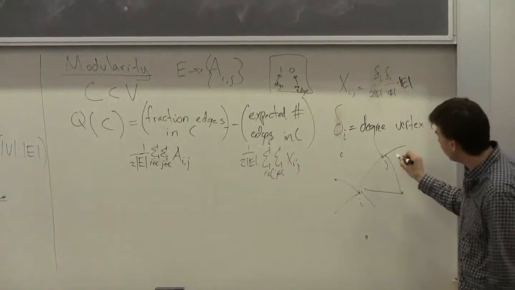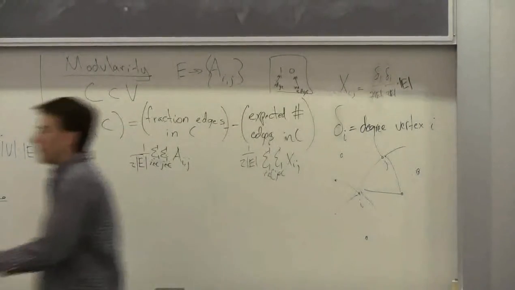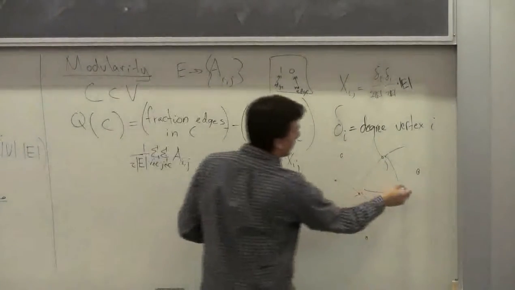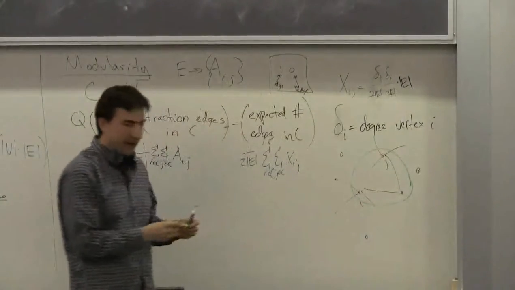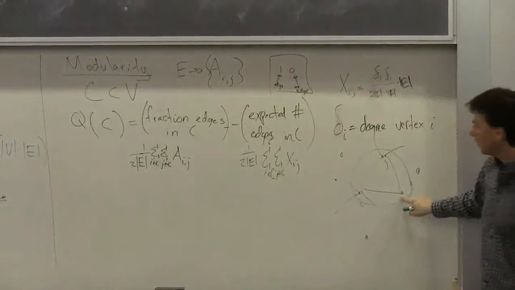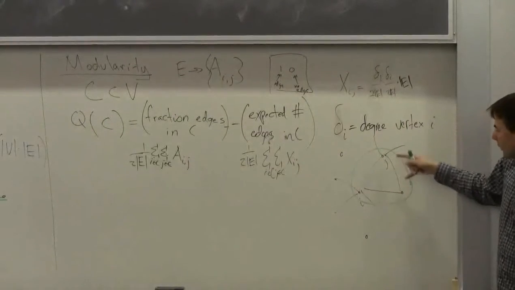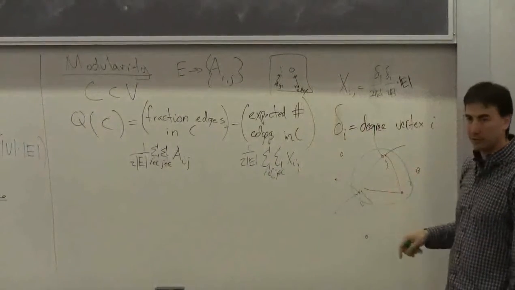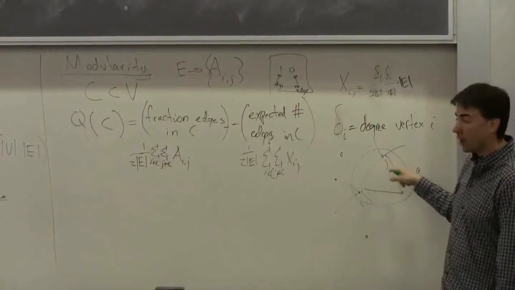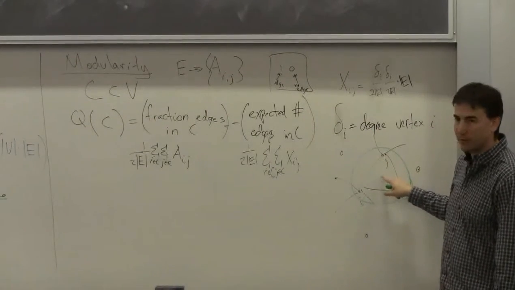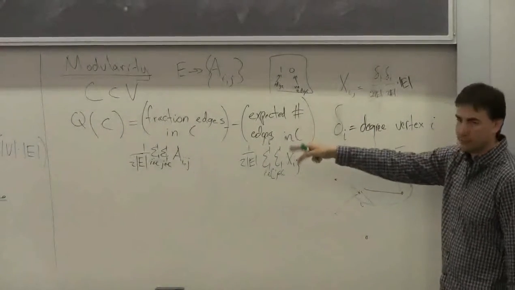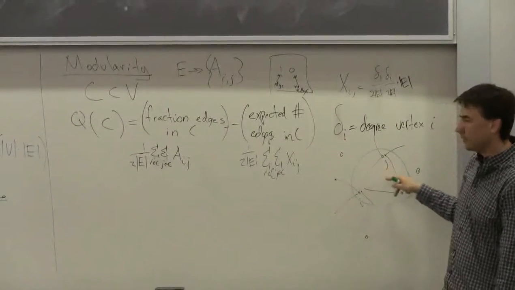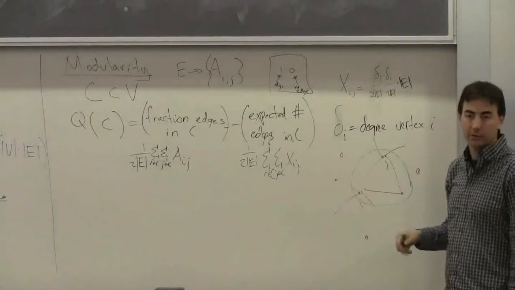So if my community is only these 3 vertices, then I consider i and j being each of these 3, and the number of edges I saw was 3, so the fraction of edges was 3 out of e. And this is the expected number of edges, the probability of each of the edges, divided by the total.